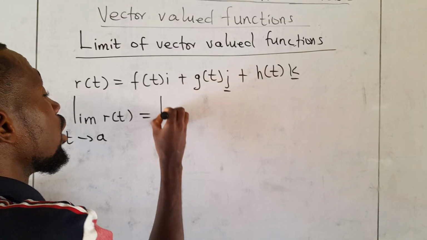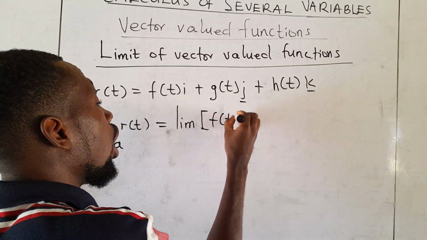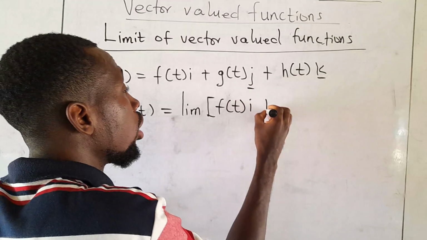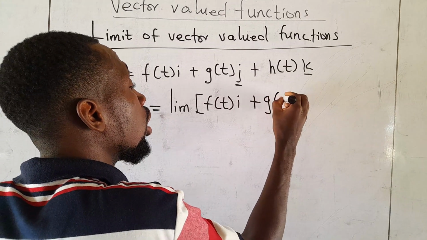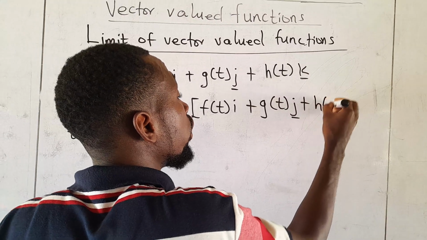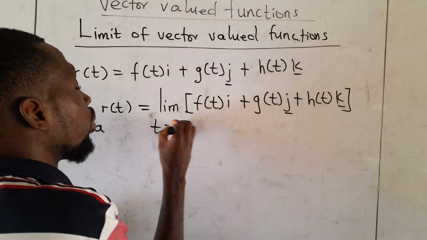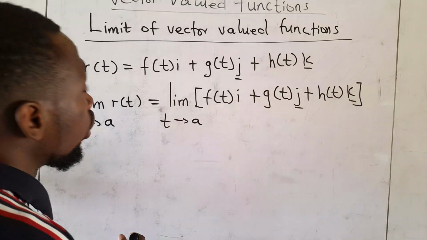It will be equal to the limit of f of t in the direction of i plus g of t in the direction of j plus h of t in the direction of k as t approaches a. How do we do that?